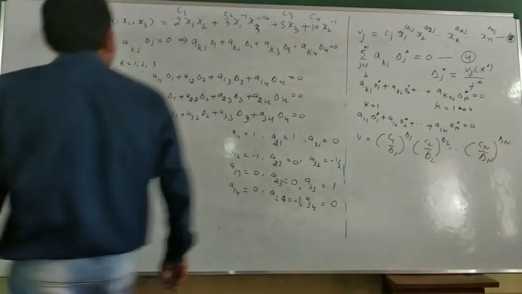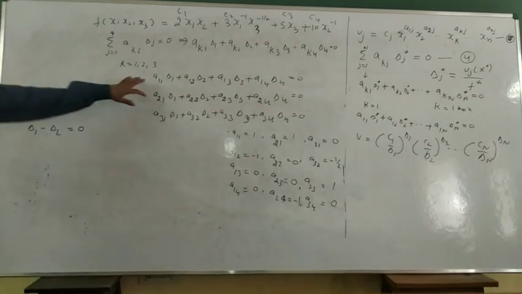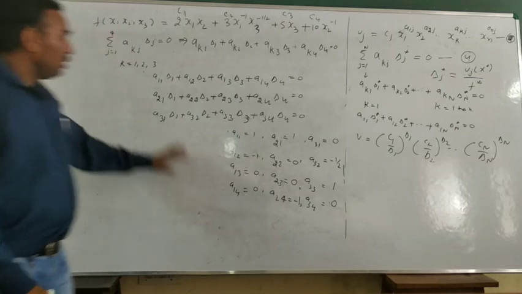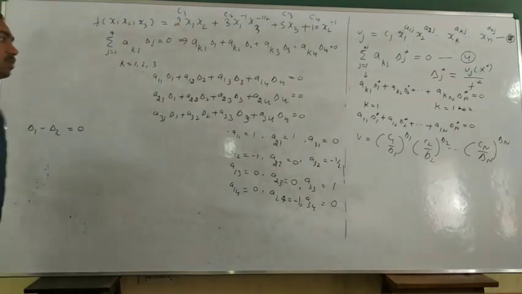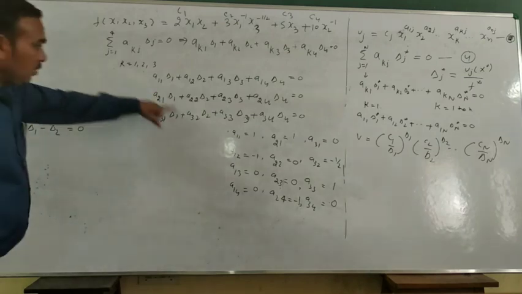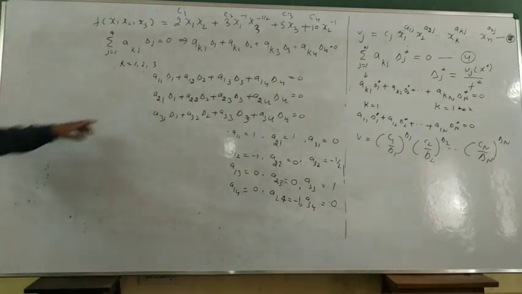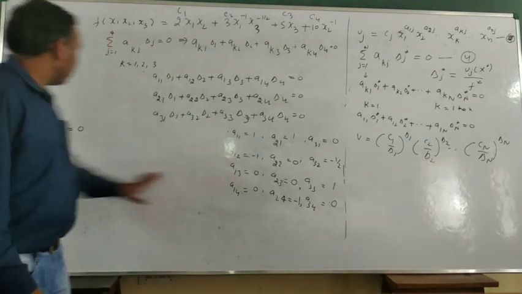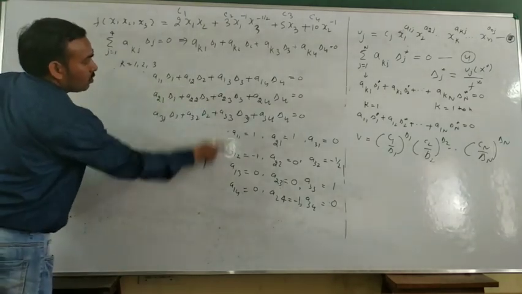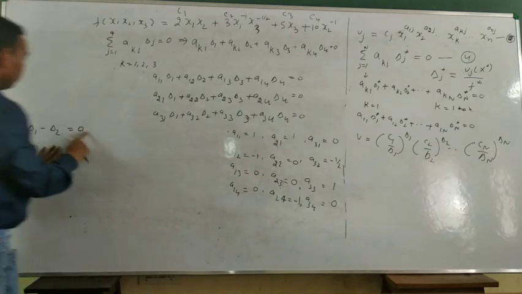Now put the values of a11, a12, a13 in the optimality condition. We get the required equation. Here a11 equals 1, a12 equals minus 1, a13 equals 0 and a14 equals 0.